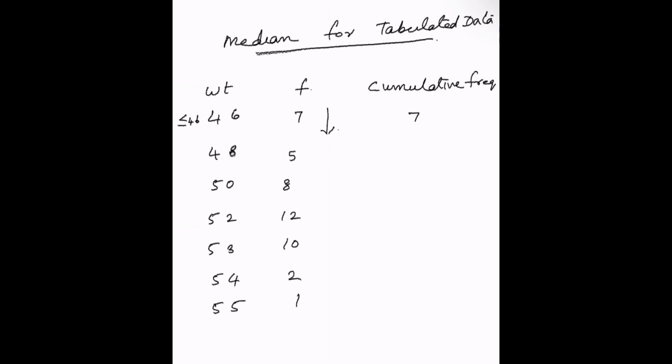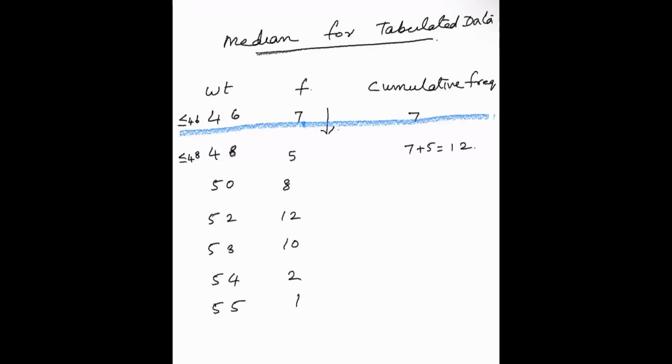Now, how many children have a weight less than or equal to 48? How will you calculate it? Is it not 7 plus 5, which is 12? 7 children have a weight less than or equal to 46, which is given in the first row.